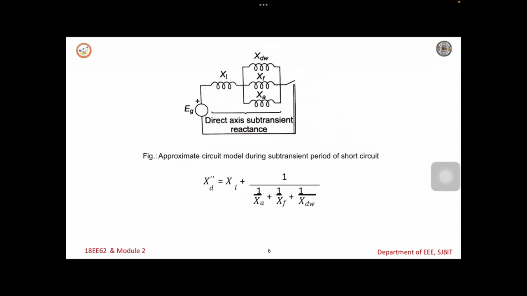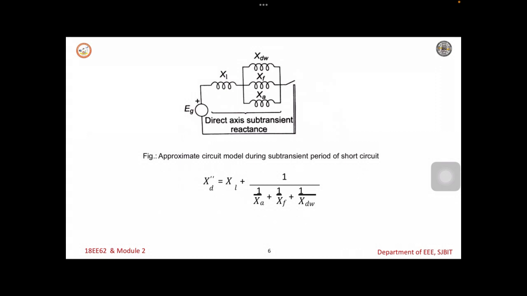At the instant of short circuit, what happens? The DC offset current appears in all three phases of the stator. This transient DC current will induce currents in the rotor field winding and damper windings by transformer action. The induced currents in these two windings will be in such a direction as to oppose the change of magnetic flux produced by the armature.